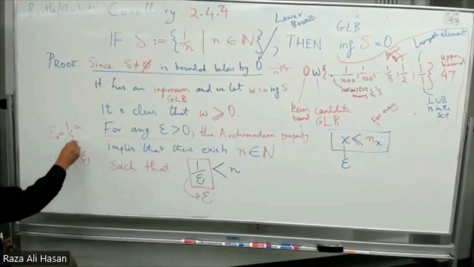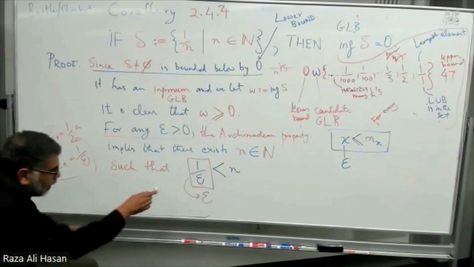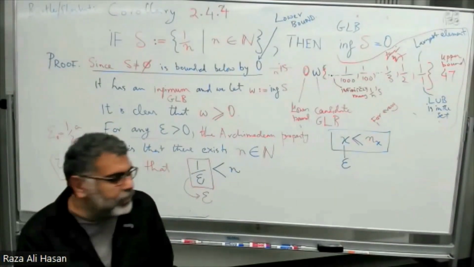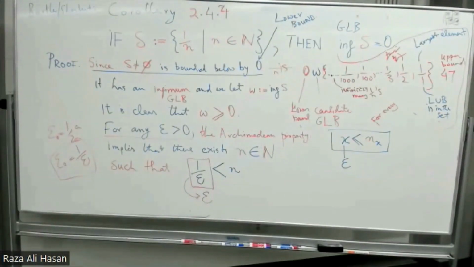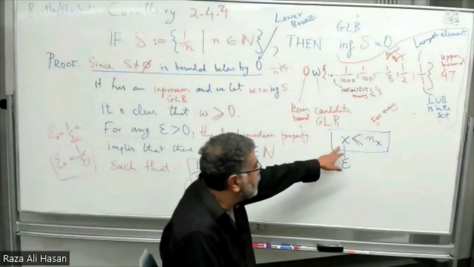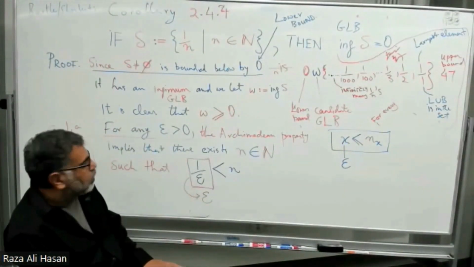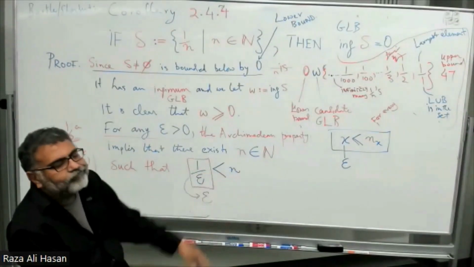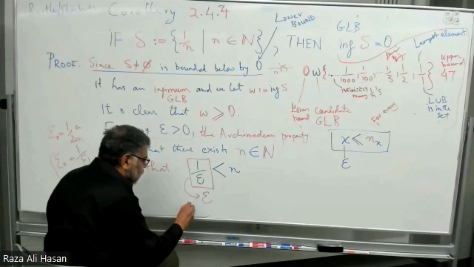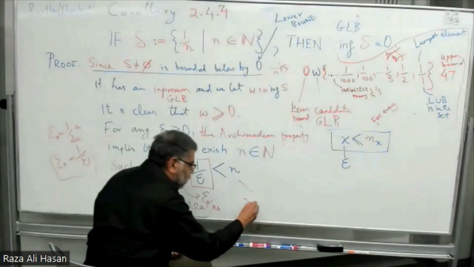Smaller than? Yes, it has to be. Because this is the Archimedean property: give me a real number, and to the right, I'll get you a natural number. So 1 over epsilon is our real number, that's our x. So let me write that here. Real number, and then a natural number to the right.